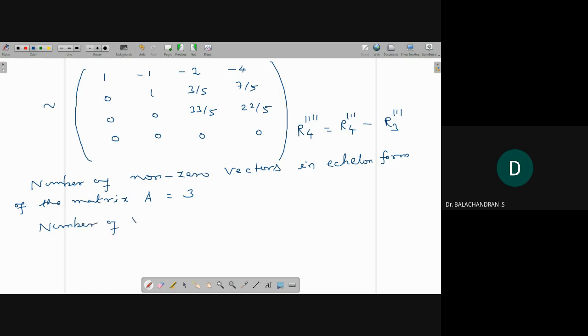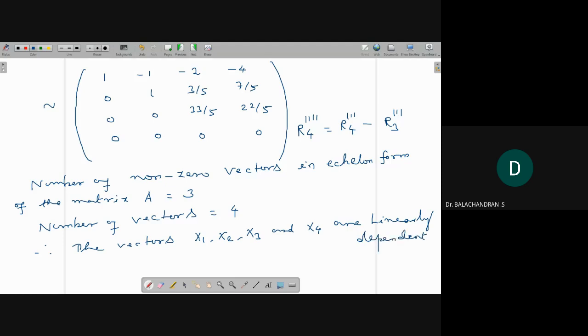Number of vectors is equal to 4. Hence, therefore, the vectors x1, x2, x3, x4 are linearly dependent.